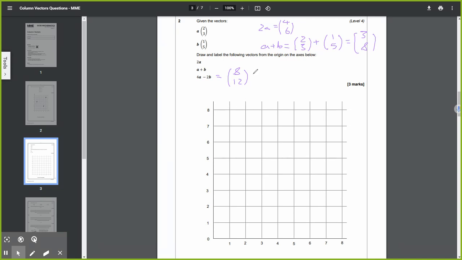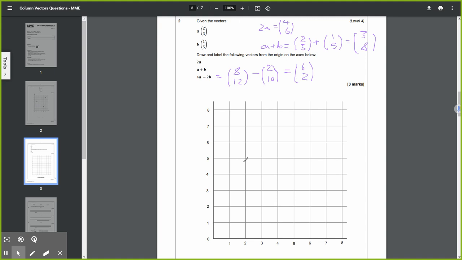So it's going to be 8, 12, and then minus 2b, which is going to be minus 2, 10. And then I could see that 8 minus 2 is 6, 12 minus 10 is 2. This isn't how fractions work at all, right? That's not how you subtract fractions. We always have to have a common denominator. So that's the column vector way of doing it.